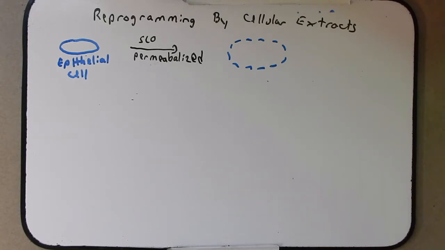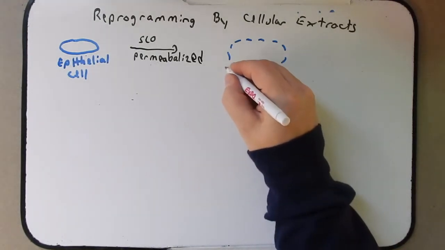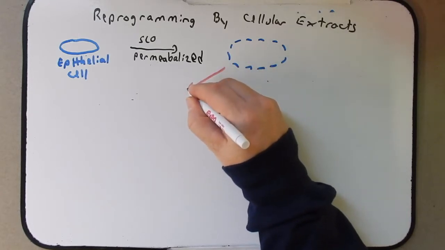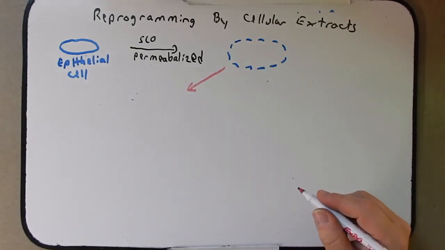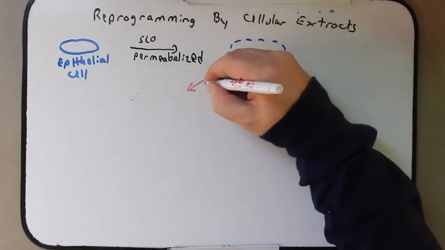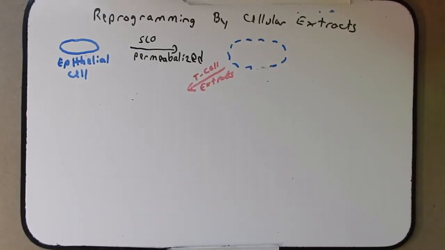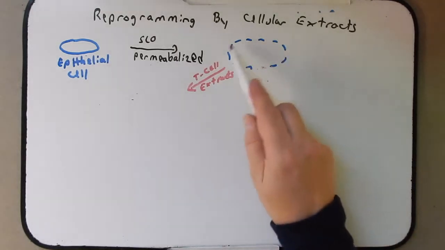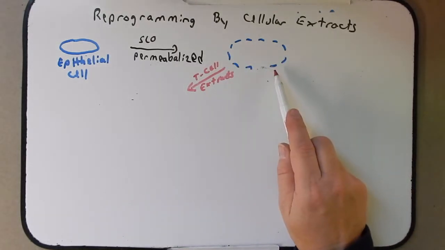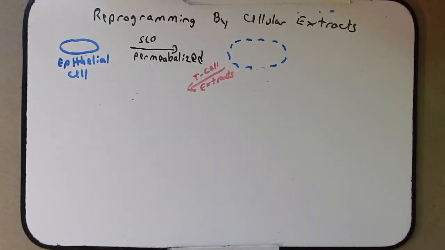So one of the early experiments, I don't know if it was the first experiment, but it was certainly one of the earlier ones, they added T cell extracts. In a separate cell, a T cell, they lysed it and isolated the cellular extracts. They then bathed this permeabilized epithelial cell with those extracts.